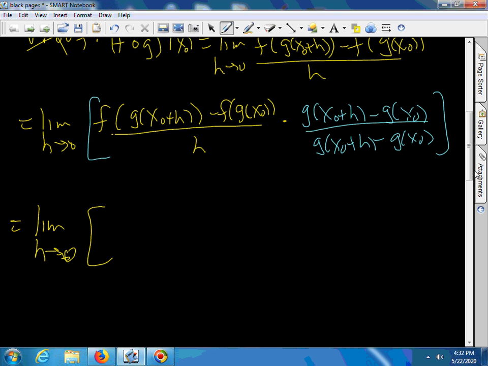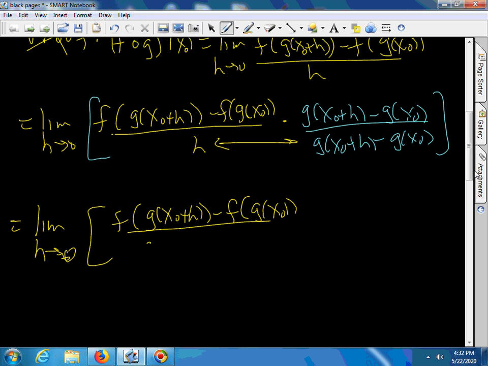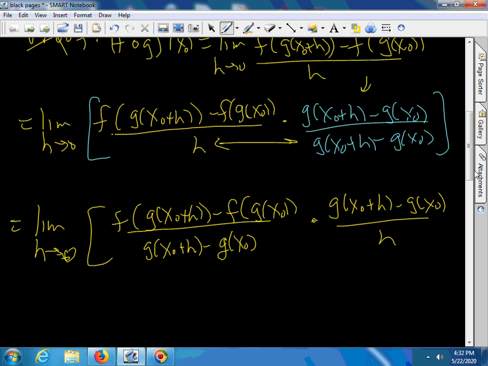Using a little algebra, you could switch those two denominators, and you'll get f of g of x0 plus h minus f of g of x0 all over g of x0 plus h minus g of x0 times this numerator, g of x0 plus h minus g of x0 all over h.